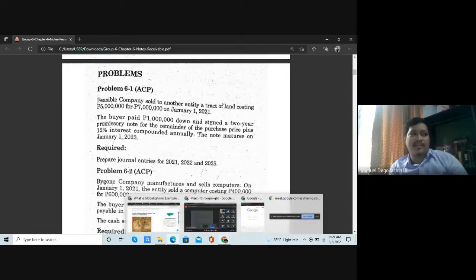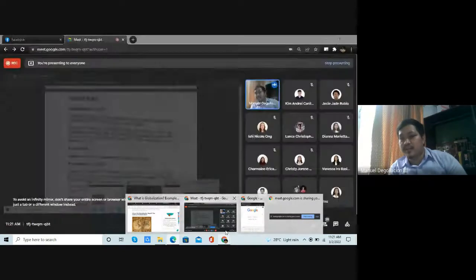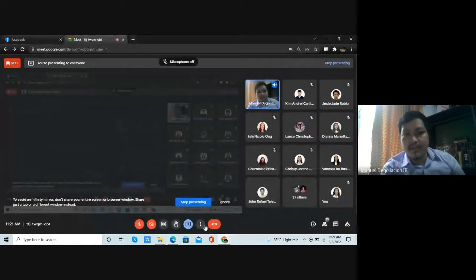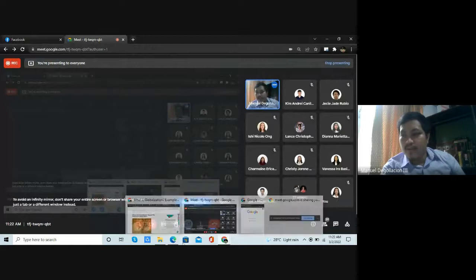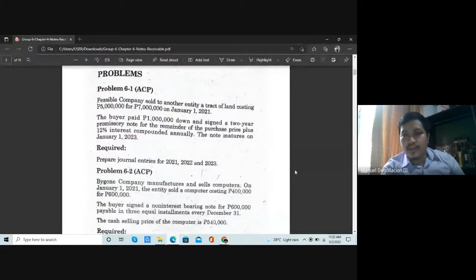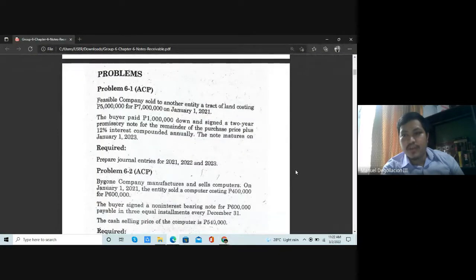So class, please do not expect that this is the general rule, that if the problem is silent, that is what you are going to do. But we are including the 720,000 in the computation of the 2022 interest because the problem expressly stated that interest is to be compounded. Let's not complicate the topic by talking about different kinds of compounding: annually, monthly, quarterly, and so on.